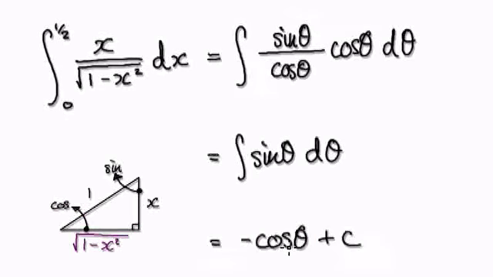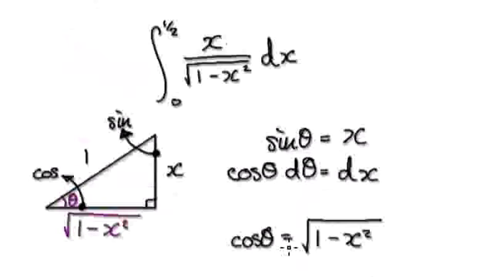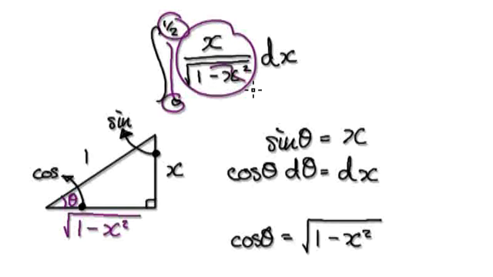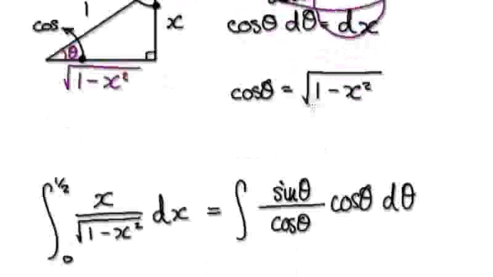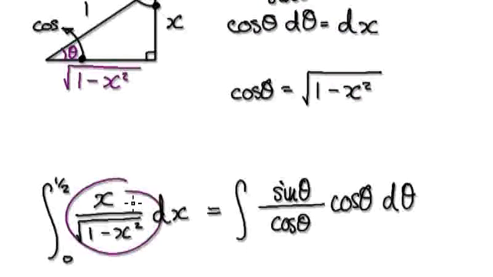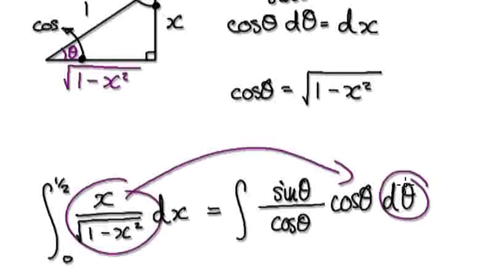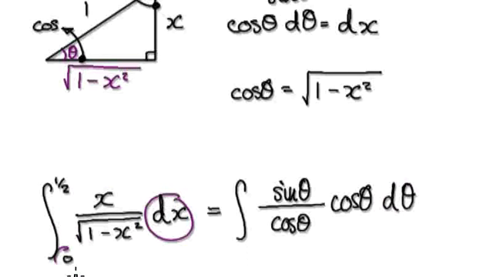The other thing that I forgot to mention is this. We were trying to integrate this from 0 to a half. When we made this substitution here, it took us into the d theta. So here we are, dx from 0 to a half.